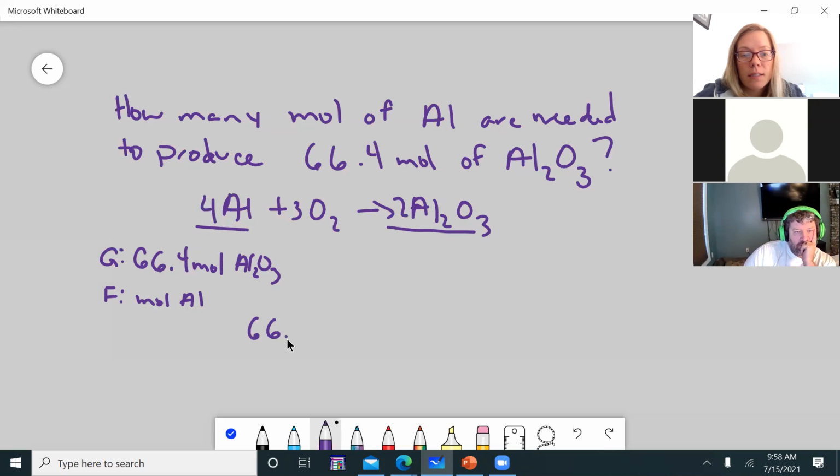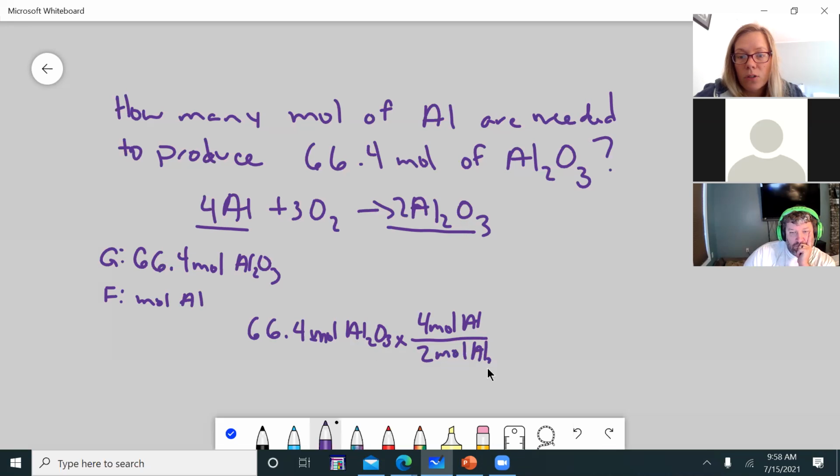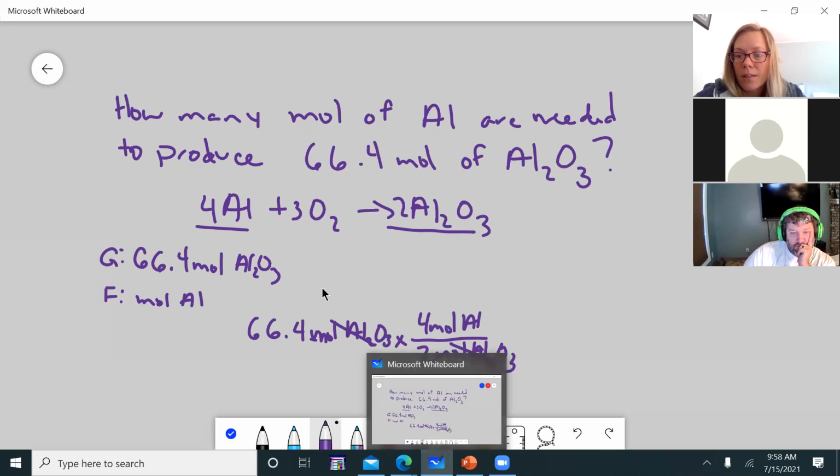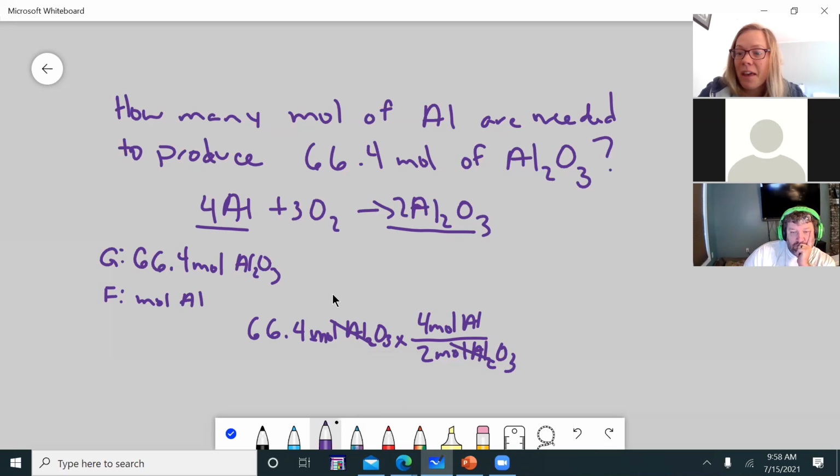We'll start with the 66.4 moles of the Al2O3. And let's put the 4 moles of aluminum on top because that's what we want. And we want to get rid of the 2 moles of the Al2O3 so that those will cancel. Okay, it's just like the dimensional analysis we've been doing since the very beginning of class.